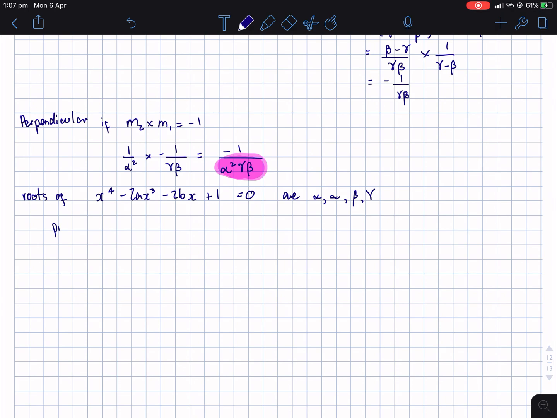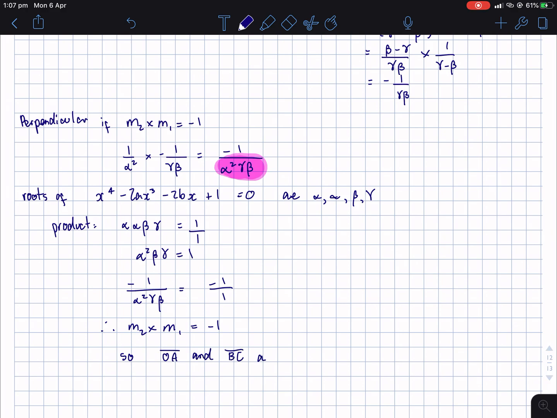And if we do the product of roots, we know alpha times beta times gamma equals E on A, so it's 1 on 1. So alpha squared beta gamma equals 1. Now I know that minus 1 on alpha squared beta gamma equals minus 1 on 1. Therefore, m2 times m1 equals minus 1. So the lines OA and BC are perpendicular. Wow.